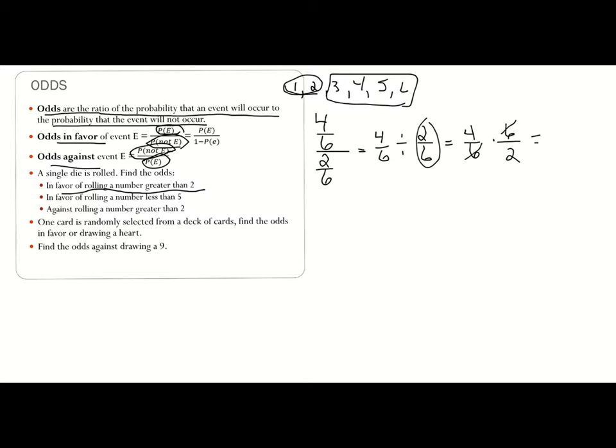If you want, you can just multiply straight across. We have 4 over 2, which simplifies to 2 over 1. So the ratio would be 2 to 1. I have 2 to 1 odds in favor of rolling a number greater than 2.